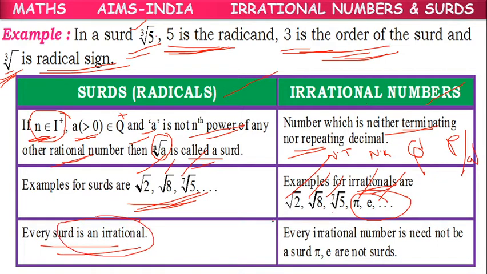But not every irrational number is a surd, because pi is an irrational number but it is not a surd. e is an irrational number but not a surd, where e stands for Euler's number or Napier's constant.